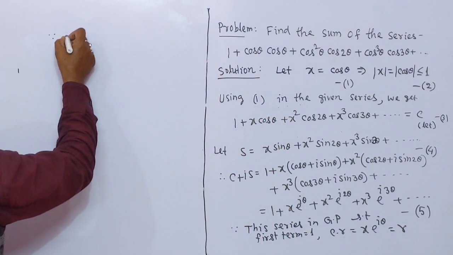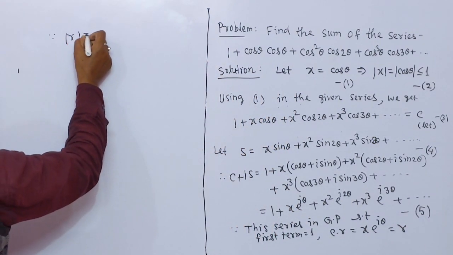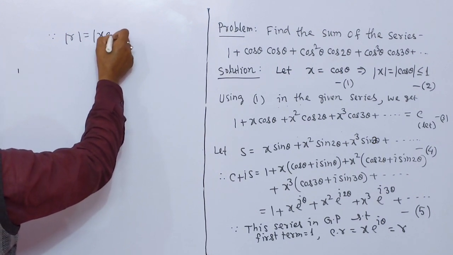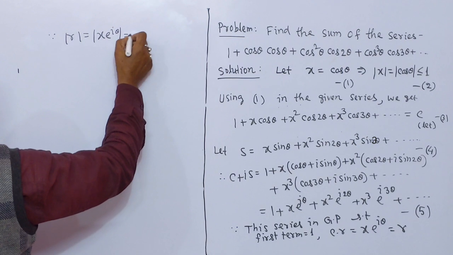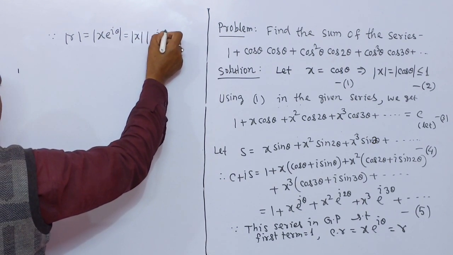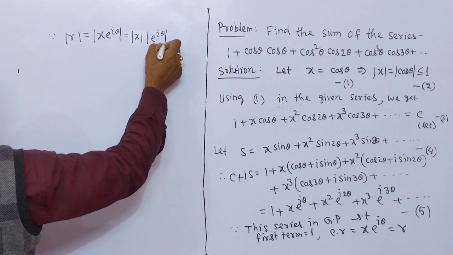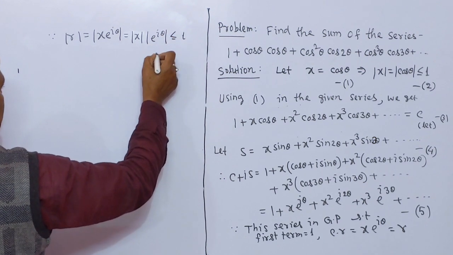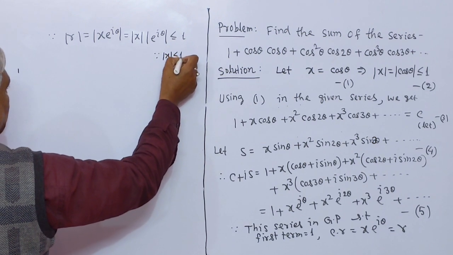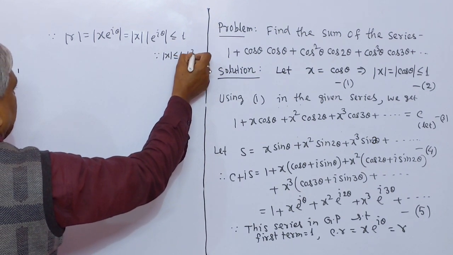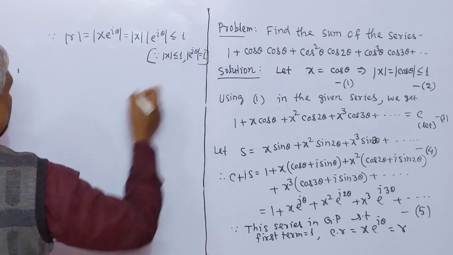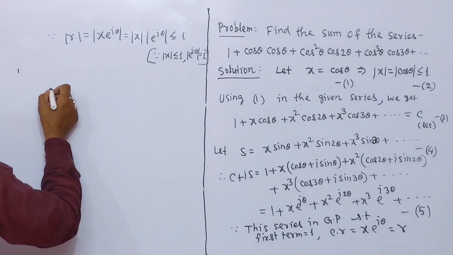Since modulus of r equal to modulus of x e to the power i theta, this is modulus of x times modulus of e to the power i theta. This is less than or equal to 1, since modulus of x is less than or equal to 1 and modulus of e to the power i theta equal to 1.